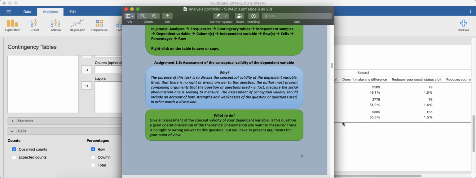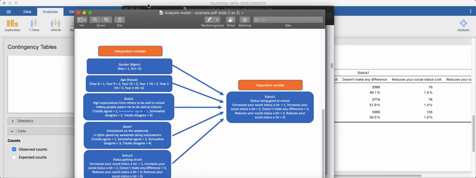What to do? Is the question a good operationalization of the theoretical phenomenon you want to measure? There is no right or wrong answer to this question, but you have to present arguments for your point of view.